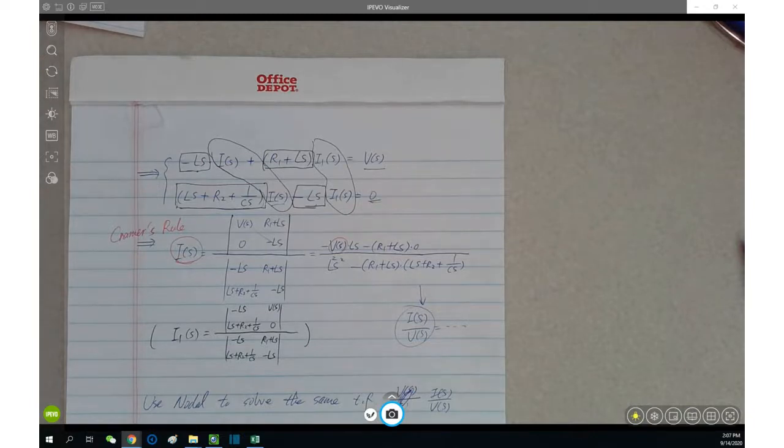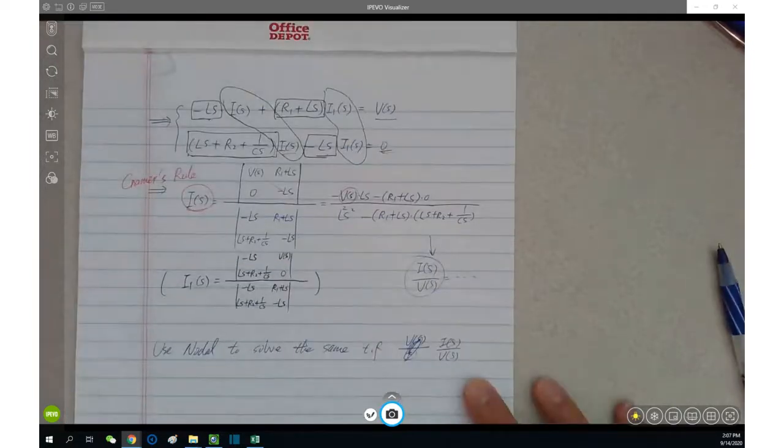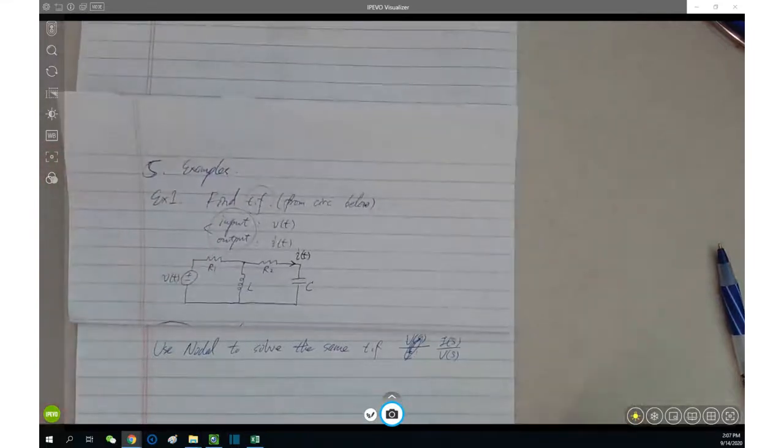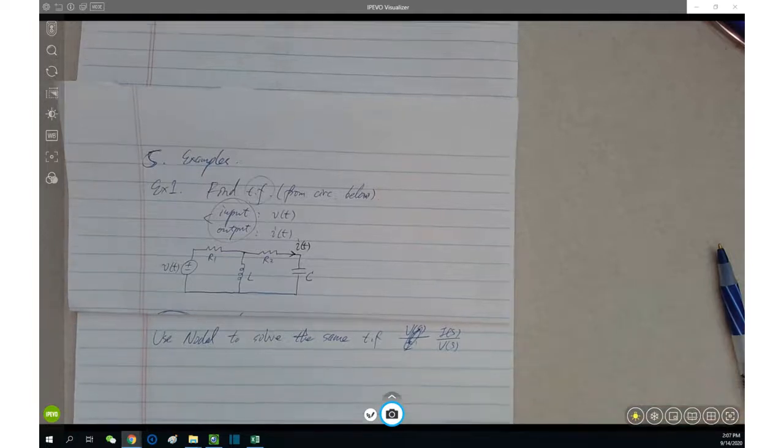So now, folks, following the same procedure, use nodal analysis to solve it. Again, the first step remains the Laplace transform.